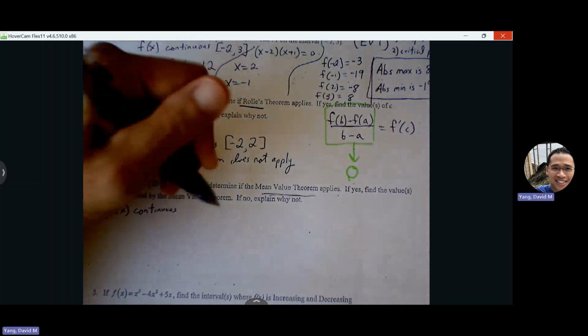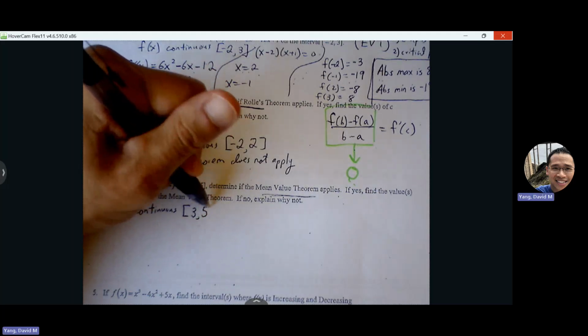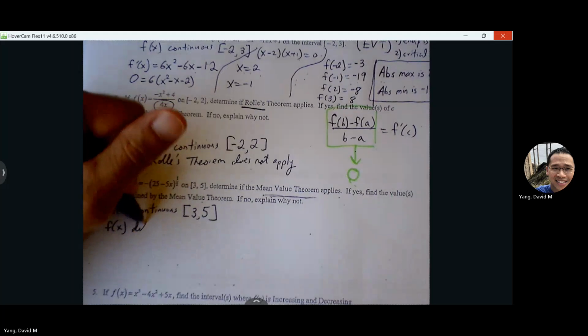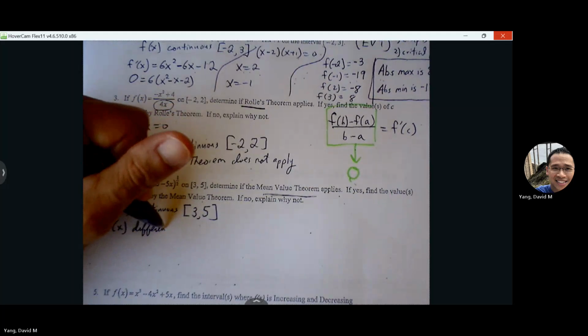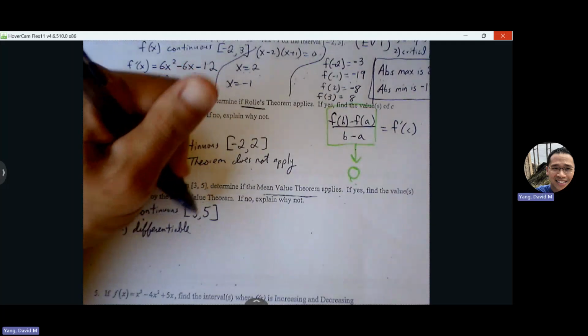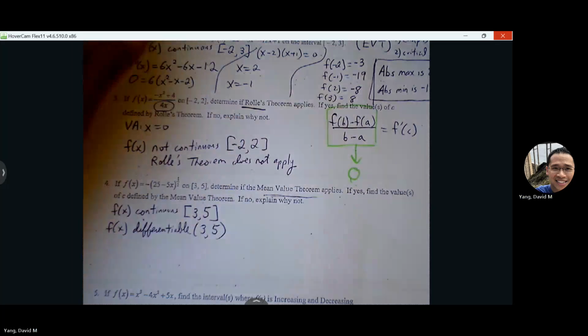This is a requirement anytime we're dealing with any theorems, we have to write our conditions. So remember, continuous is with brackets, differentiable is with parentheses.